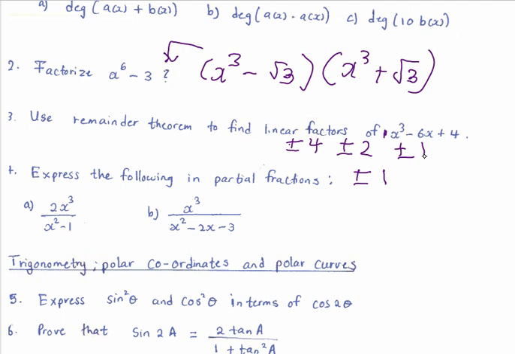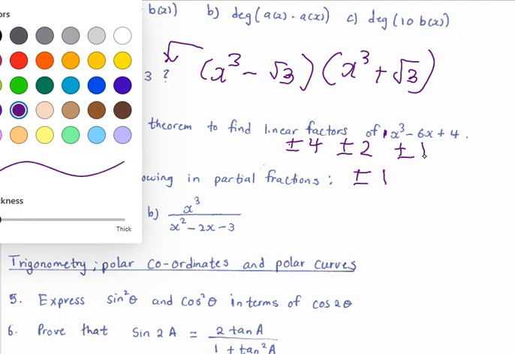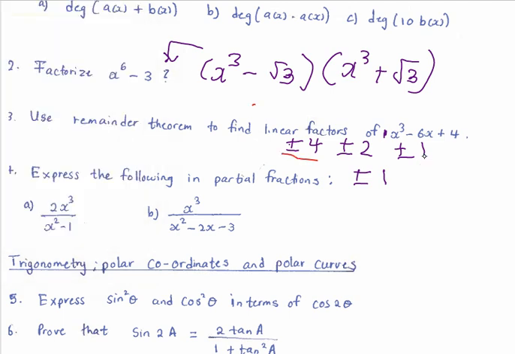If you divide all of these terms by 1, they just come back, because everything divided by 1 is itself. So we can agree that these are the possible values that could be linear factors.